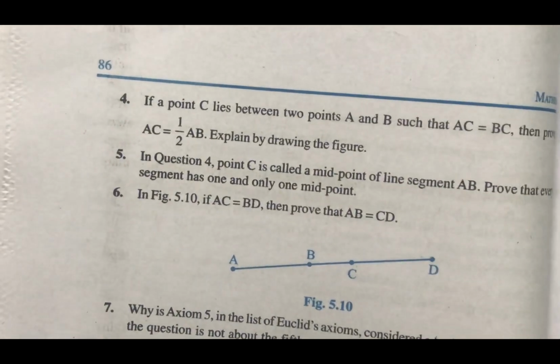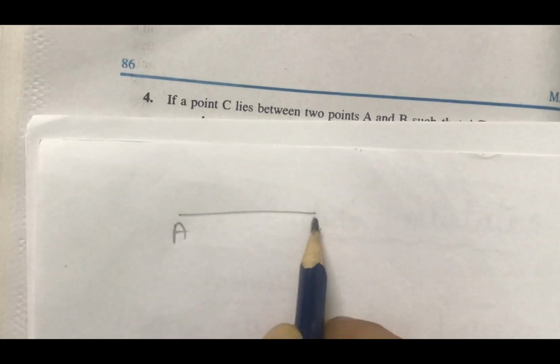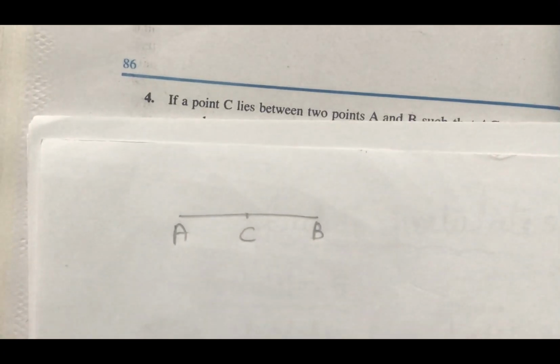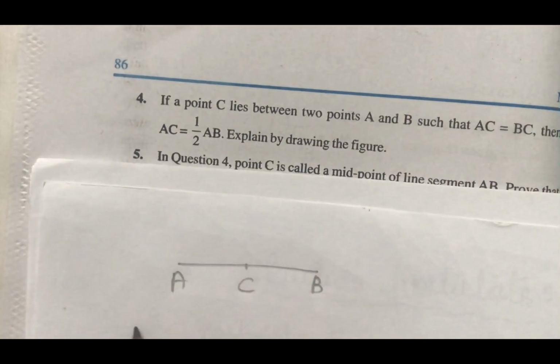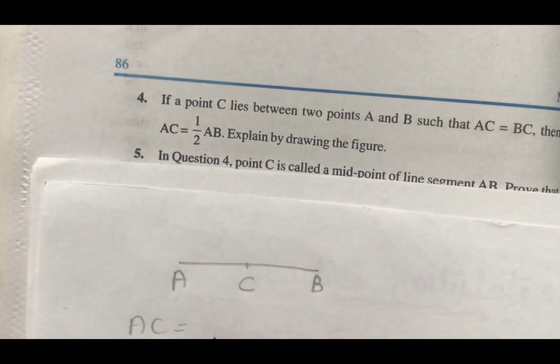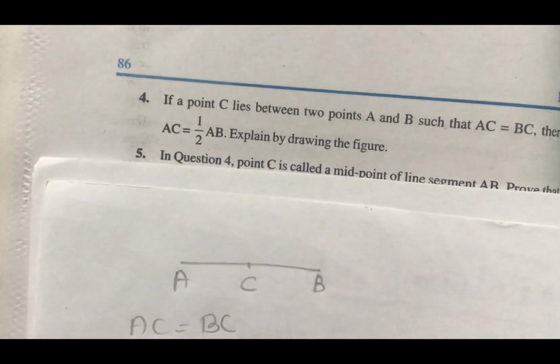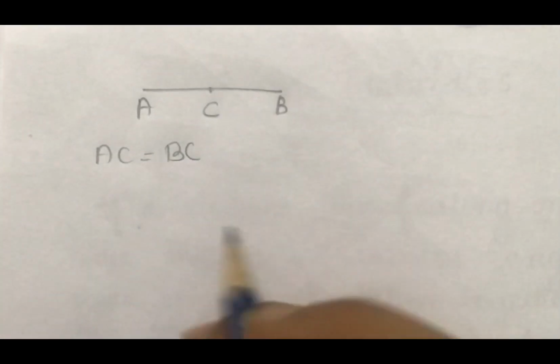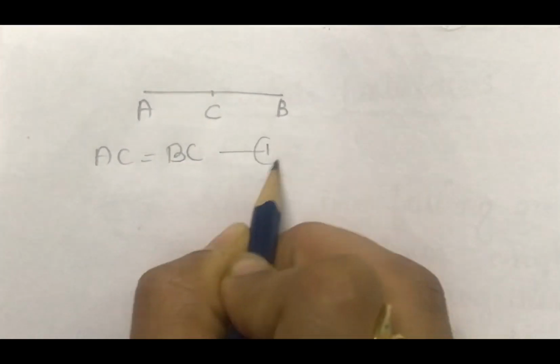So here, a point C lies on AB such that AC is equal to BC. Then prove AC is equal to half AB. So here this is our equation.